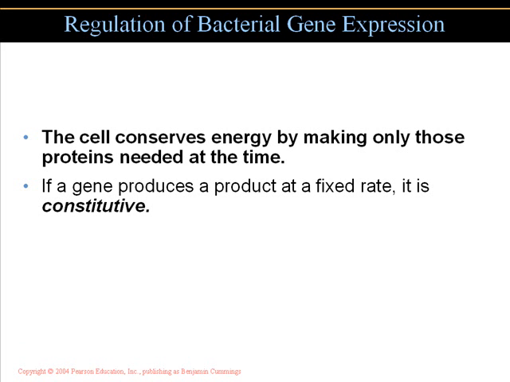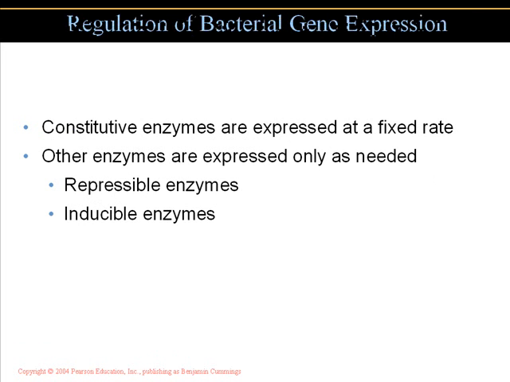If a gene produces a product at a fixed rate, and we see that sometimes again in the human system as well, that particular types of proteins are synthesized at a fixed rate because it's required to carry out a particular operation. And so because of that, we call it constitutive, that the genes will basically produce a product at a fixed rate. You should be familiar with that definition.